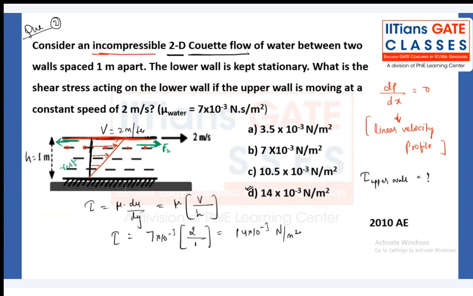If I ask you what the shear stress on the upper wall is, what will be the answer? Look at the shear stress and whether it depends on the y coordinate or not.